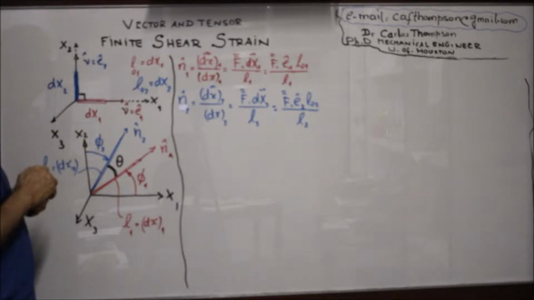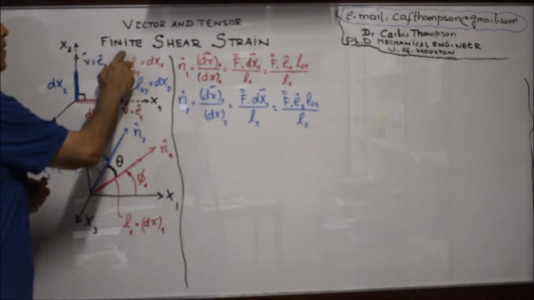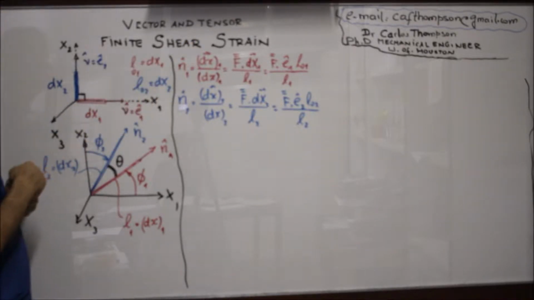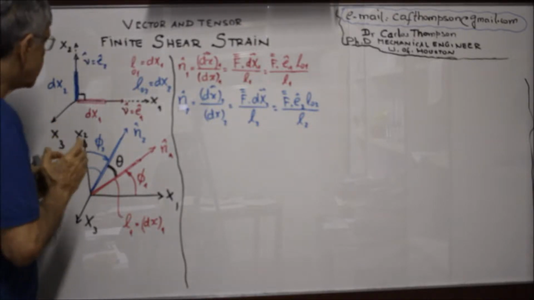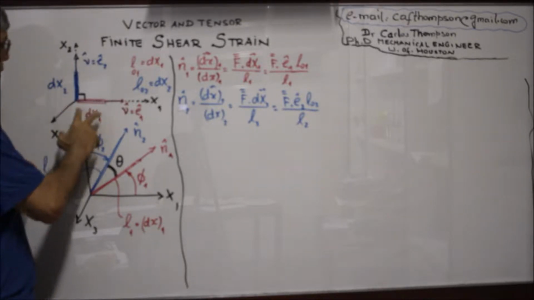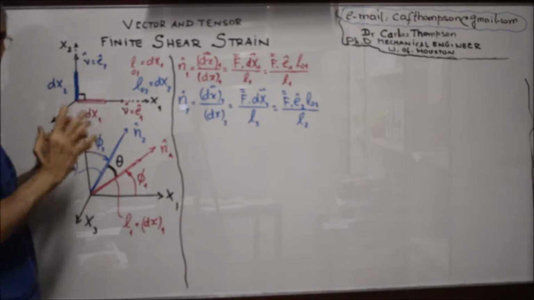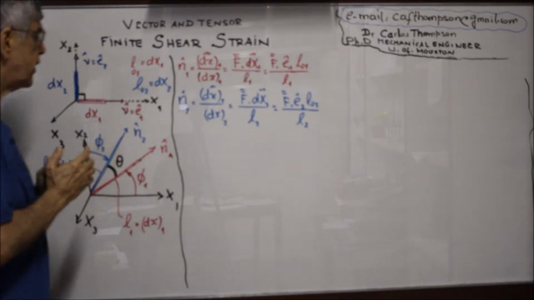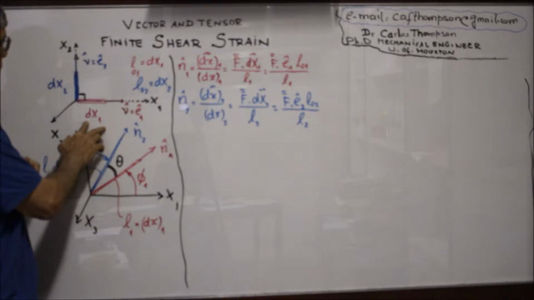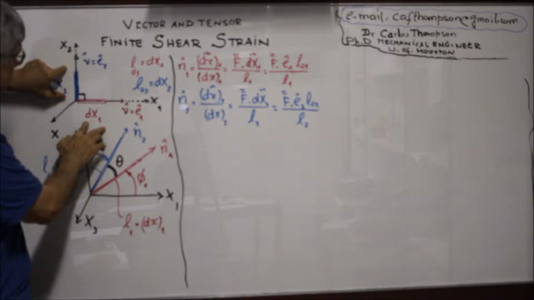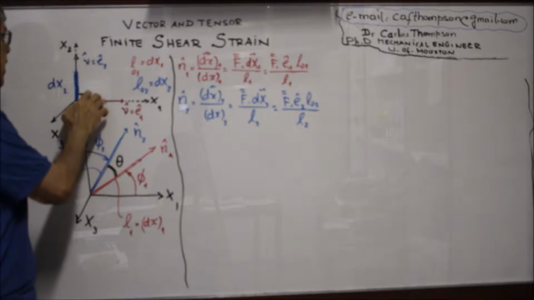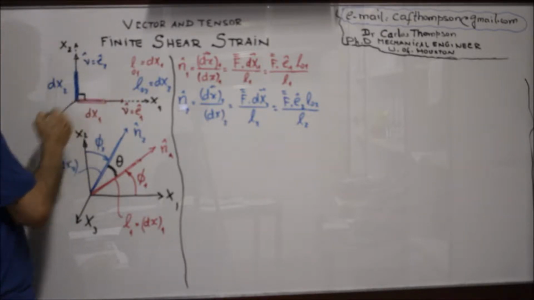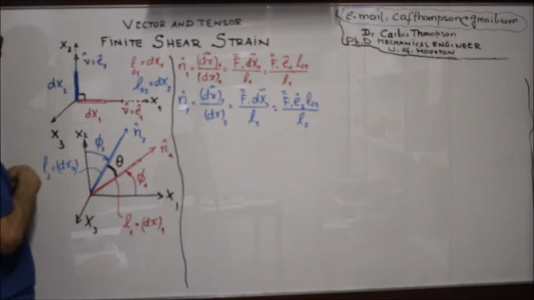In this lecture, we will study the finite shear strain. Consider a fiber with a very short length, dx1, and another one, dx2. The angle between them is 90 degrees.